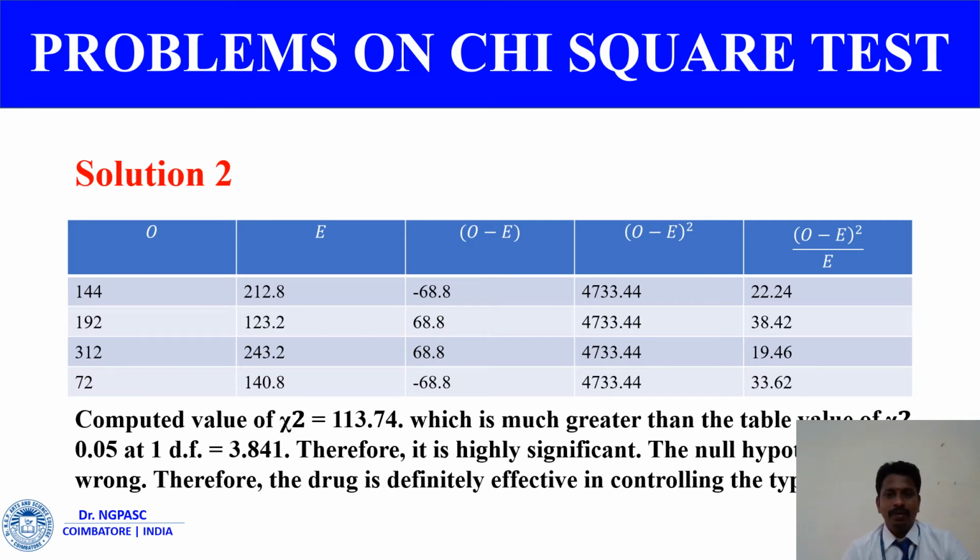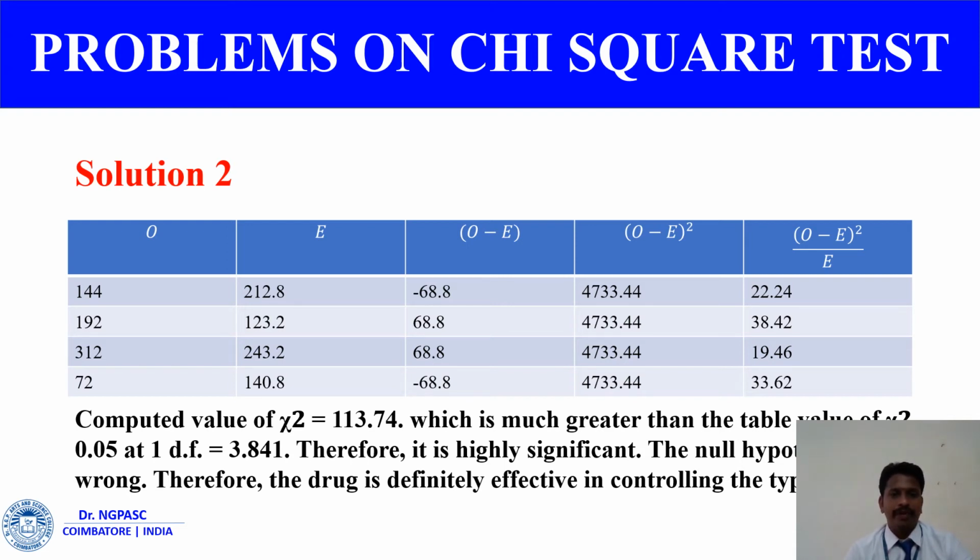Next, 4733.44 divided by 123.2 is equal to 38.42. 4733.44 divided by 243.2 equals 19.46. 4733.44 divided by 140.8 equals 33.62.